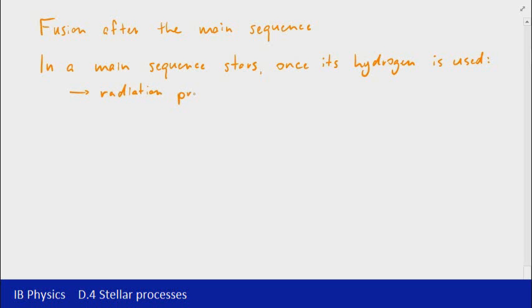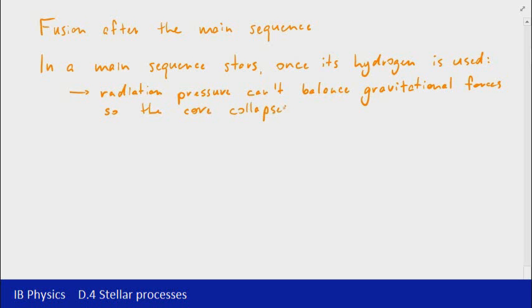So radiation pressure can't balance gravitational forces, and the result of that is that the star, or the core itself, will collapse. So there's the first key thing.